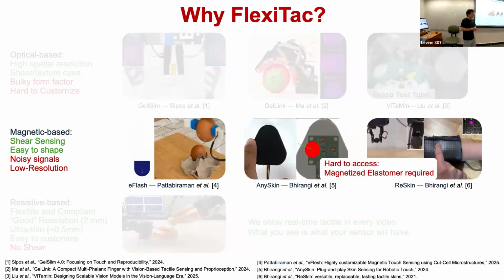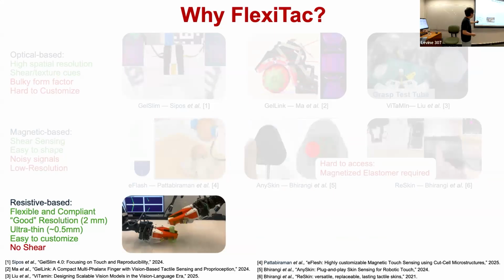That is very hard to make. It's usually made by some material science lab. You need to buy several different materials and mix them together, and then do some more steps, and then you will get this magnetized elastomer. So usually this step is very hard to access, and sometimes it's very hard to control it to be consistent.